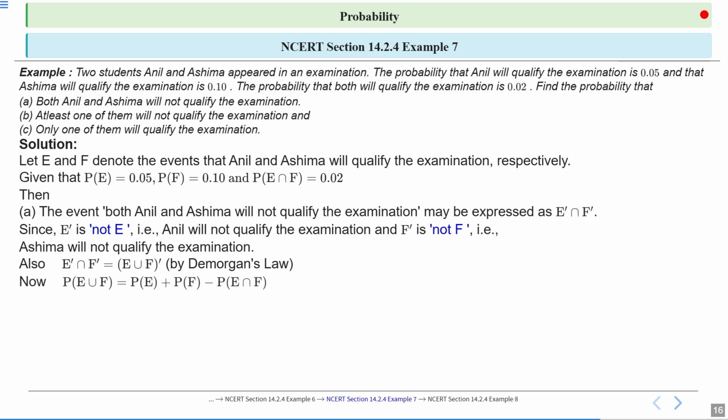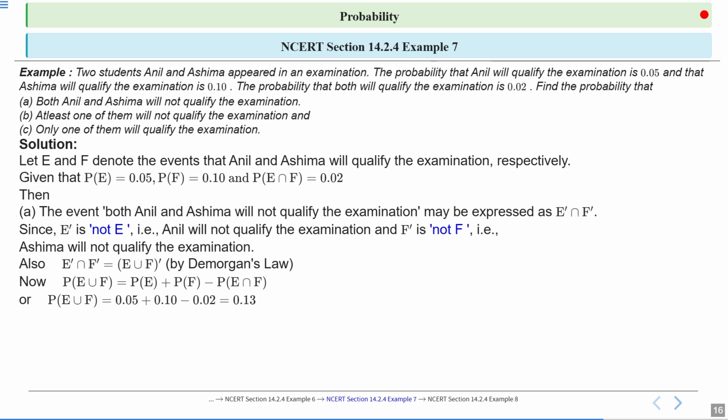Now probability of E union F is equal to probability of E plus probability of F minus probability of E intersection F. We can substitute: probability of E is 0.05, probability of F is 0.10, and probability of E intersection F is 0.02.